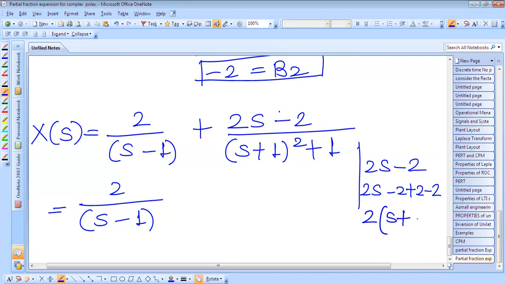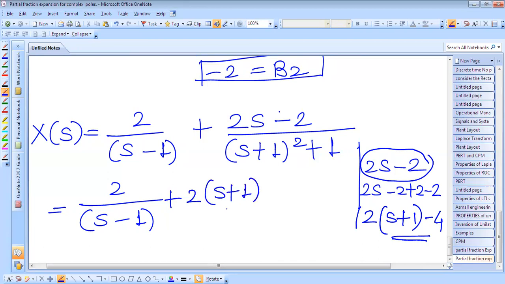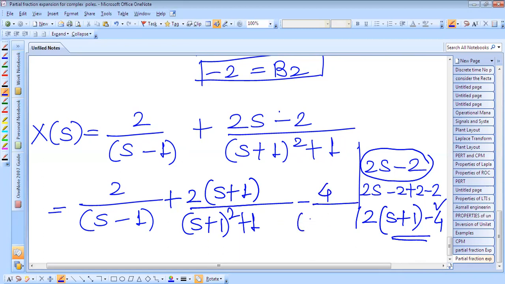So (s plus 1), and this is minus 4. So instead of 2s minus 2 we can write these terms. Therefore plus 2 into (s plus 1) over (s plus 1) square plus 1, minus the second term, 4 over (s plus 1) square plus 1.